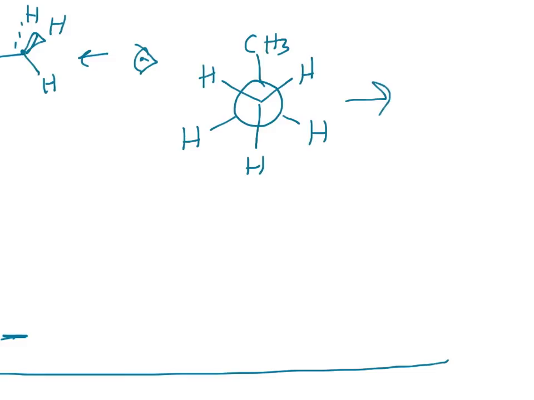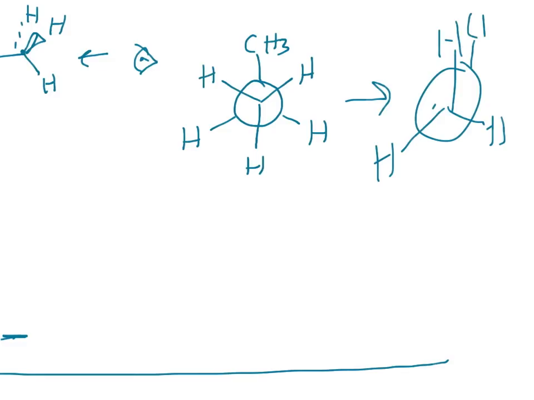So if I rotate this to an eclipsed position, energy goes up. So I would get to an eclipsed position, and just arbitrarily, I'll say that much energy. Should be a little higher than ethane. Okay, and then as I continue rotating, what happens? It'll go back down. And it goes back down to the same level.